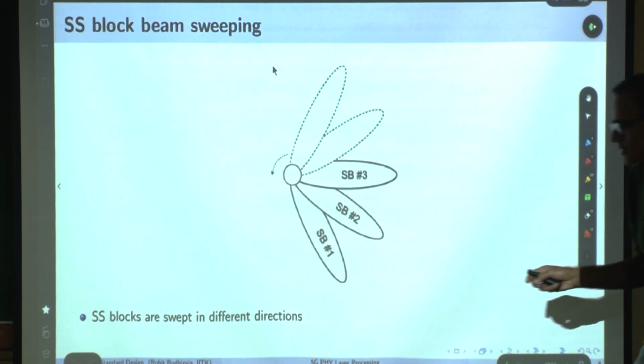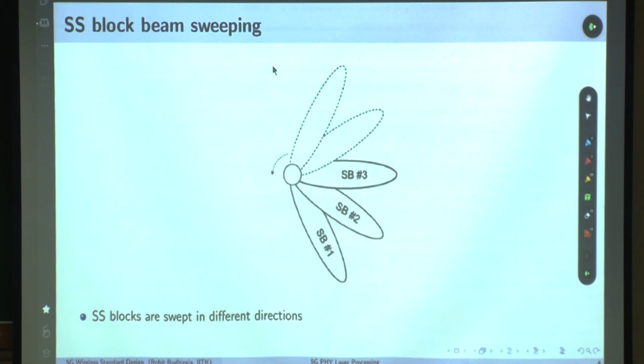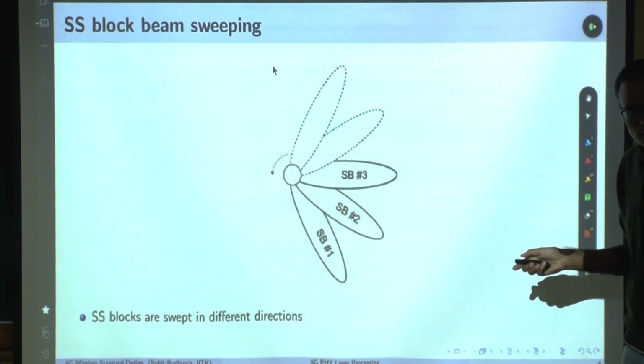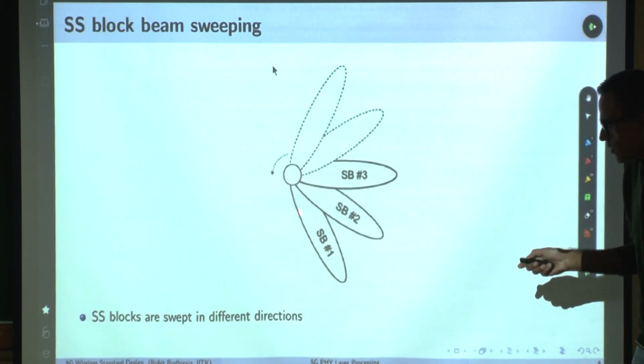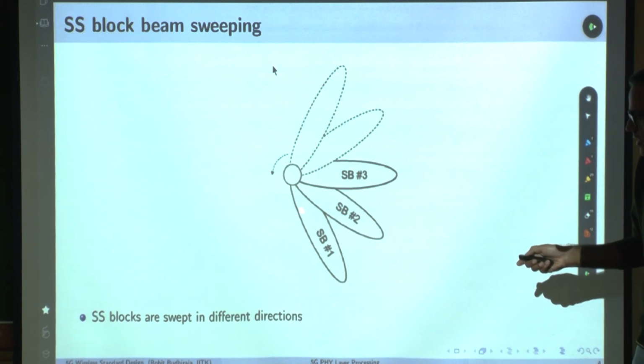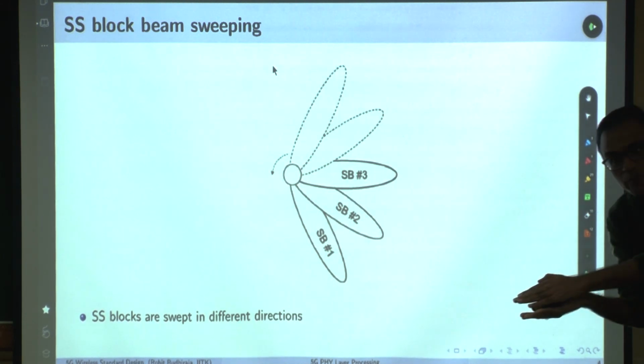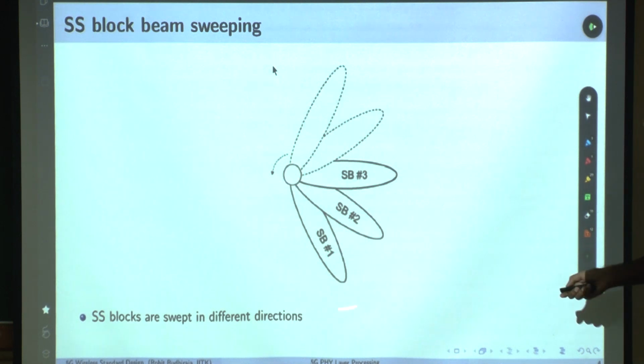You see this. What is happening here is that the synchronization blocks are being transmitted. This is synchronization block 1. It's transmitted in this direction using one sharp beam. If the user is located here, then the user will be able to receive the signal from this direction. The user may not be located here, that can happen.